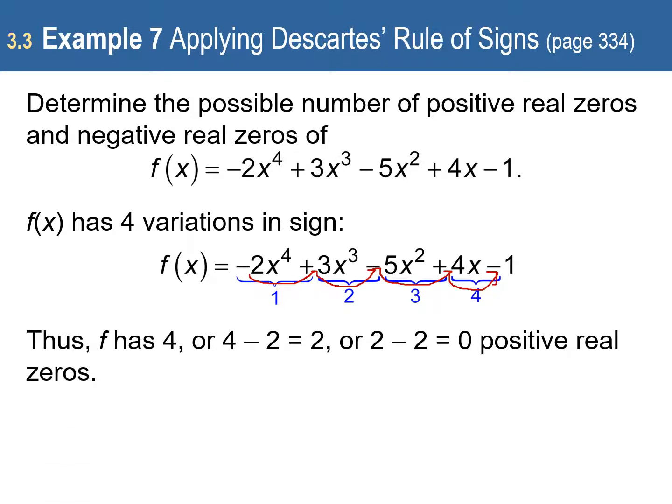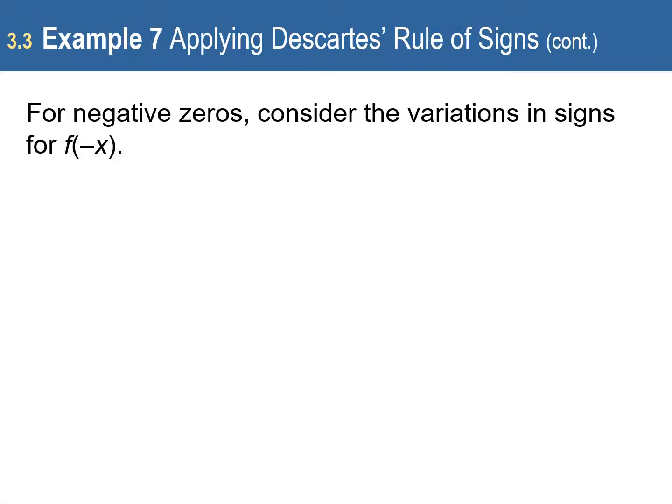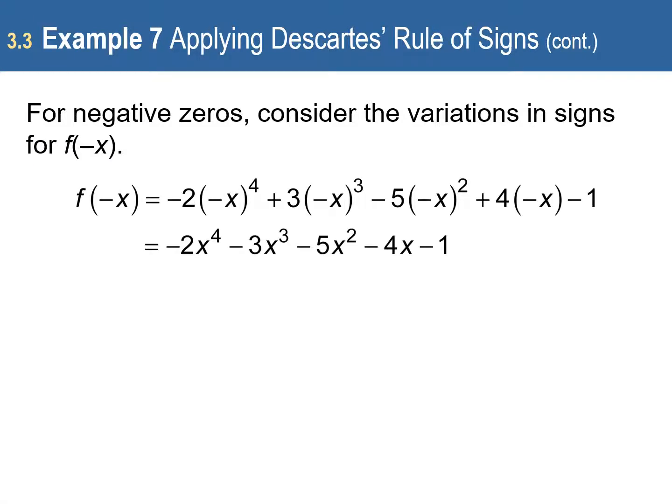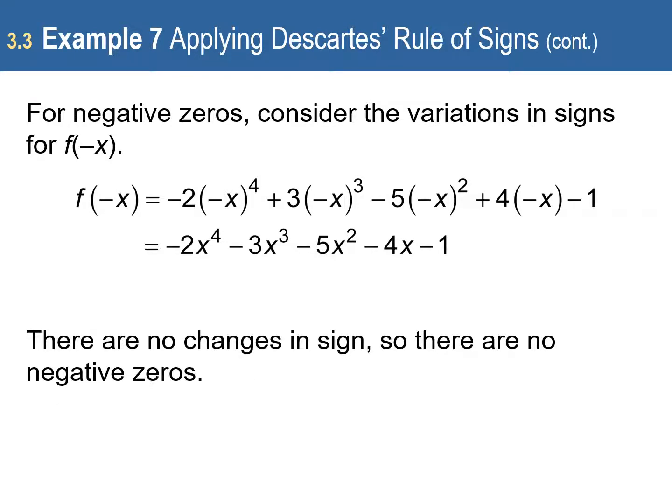So it either has 4, 2, or 0 positive real zeros. For negative, we put in negative x. And when I simplify, I see that I have 0 sign changes because they're all negatives. So there are 0 negative roots.